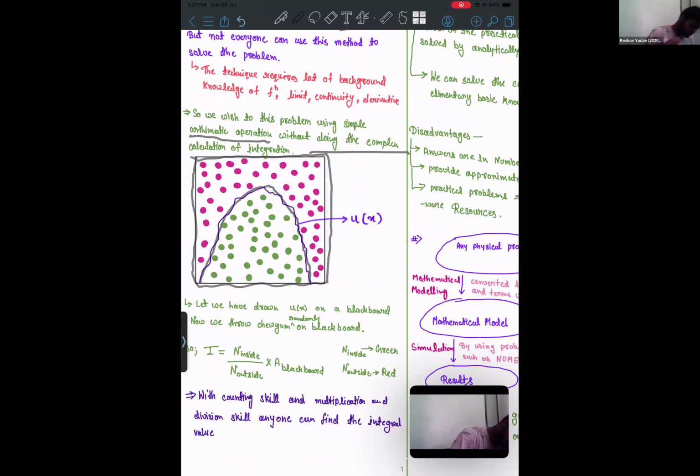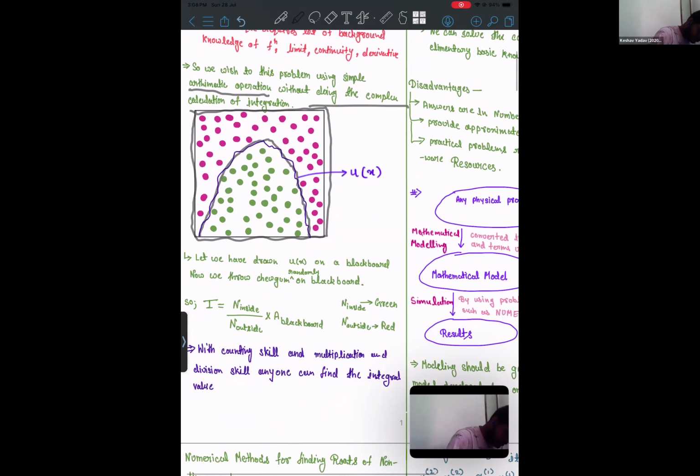Then we take some chewing gums and throw them on the blackboard randomly. Some chewing gum will fall under the curve, some above the curve. We know integration is the area under the curve. Here the chewing gum that falls under the curve is represented by green and outside the curve by red.